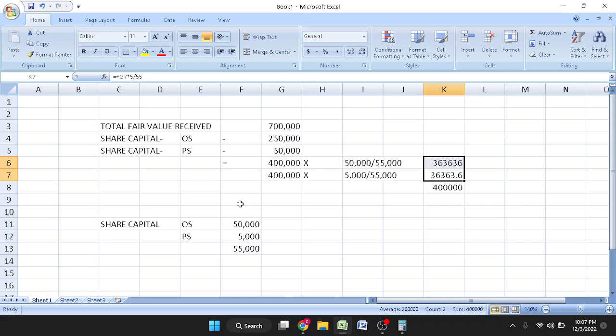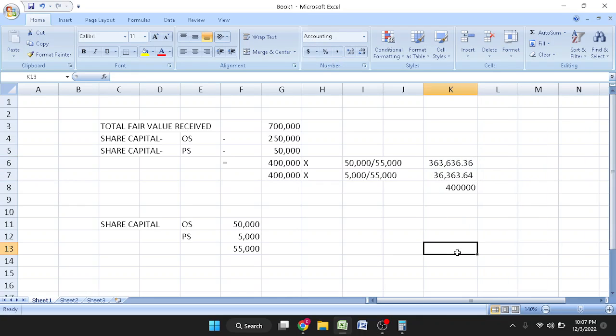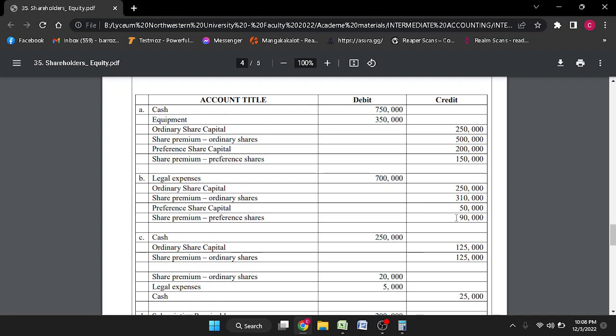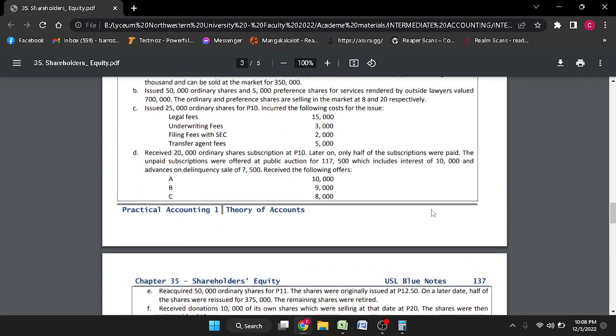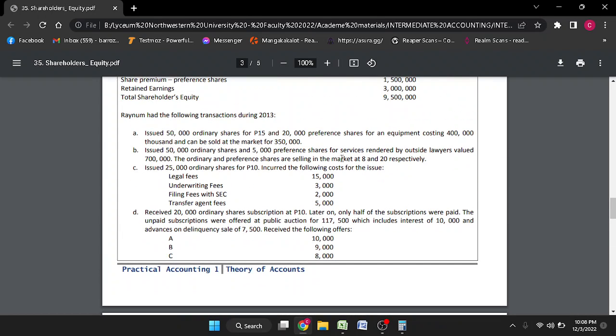Answer is still not the same as what is used here. So we could assume that they use the 8 and 20 here to allocate the remaining 700,000.